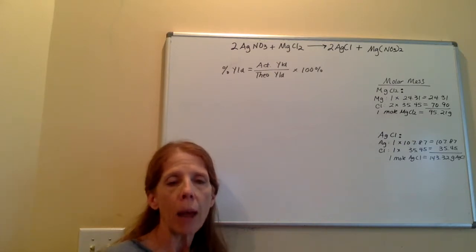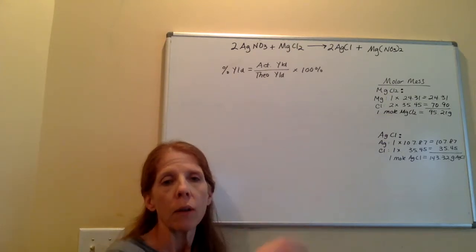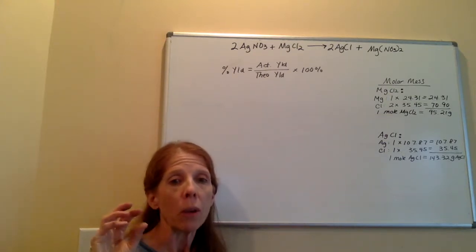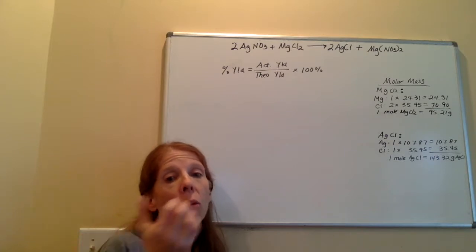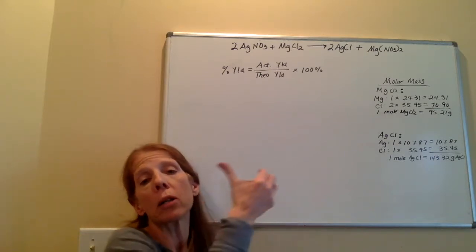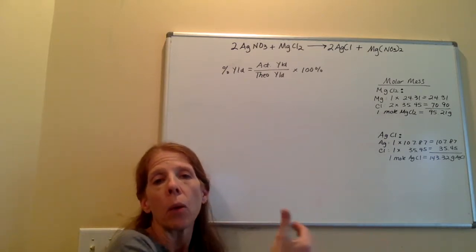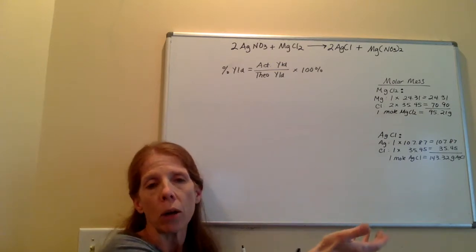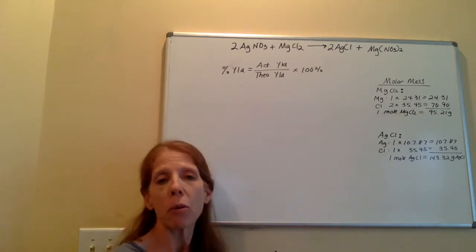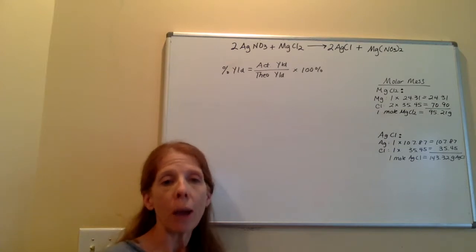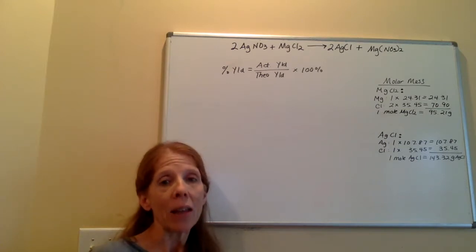Well, when we talk about starting with a certain amount and ending up with a certain amount, that would be our theoretical yield. If the whole process works perfectly, we would have this amount as our product. So in all the stoichiometry you've done in chapter 7, we're talking about a theoretical yield. But like I said, we don't always get that theoretical yield. We usually get a little bit less, okay?